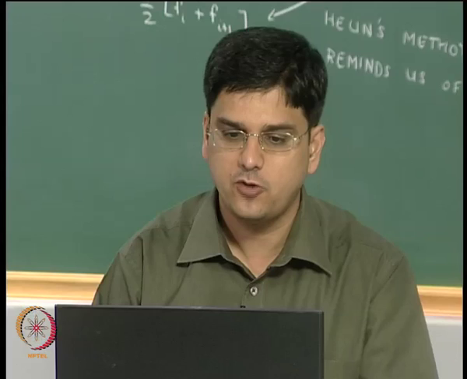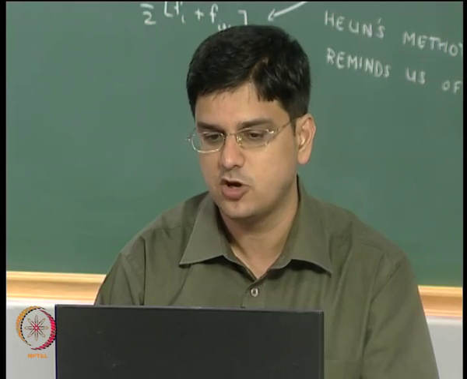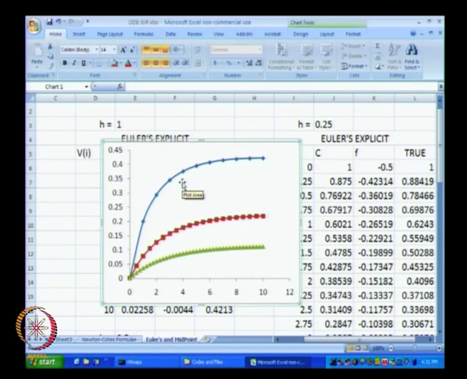So, what we have plotted over here is not the local truncation error, but the global truncation error. In case of Euler's method, although the local truncation error scales as h squared, the global truncation error scales as h. So, when we halve the h value, the overall errors also reduce by the same factor.